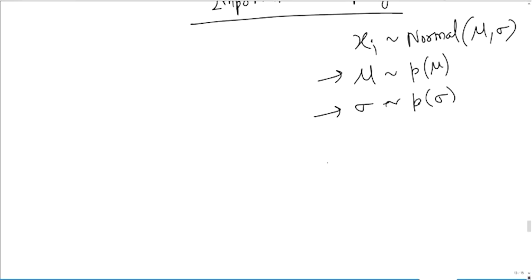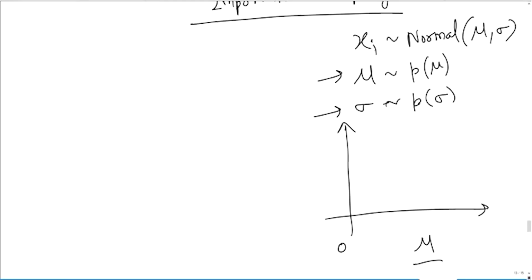Well, if you want to do it through grid approximation, you will need to do 2 things. One is that you need to divide the grid for parameter mu in a reasonable range. So let's say this is a reaction time experiment. I think that mu could be somewhere in a reasonable range, so it won't be negative at least.